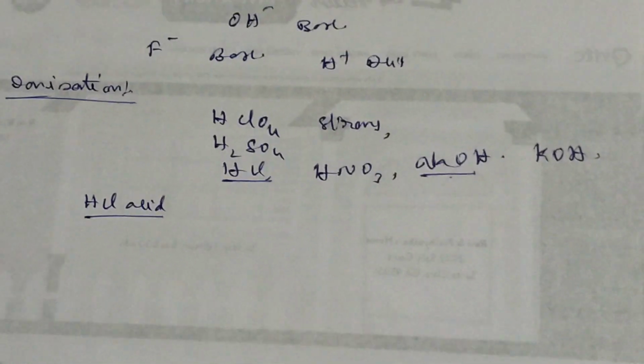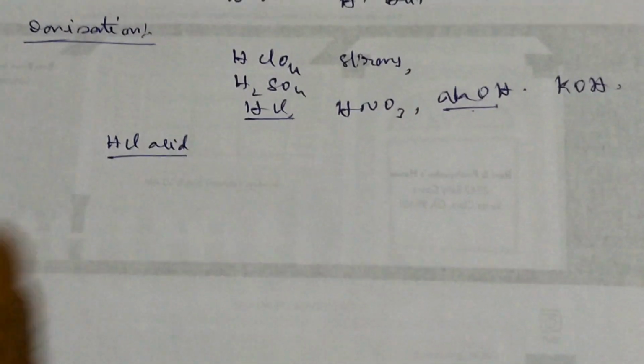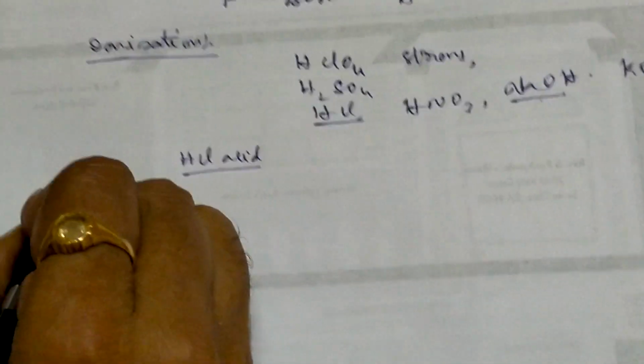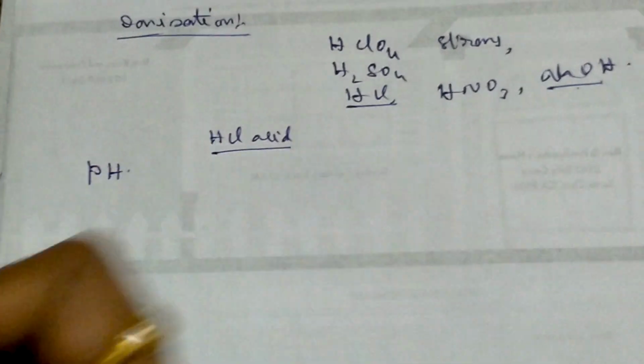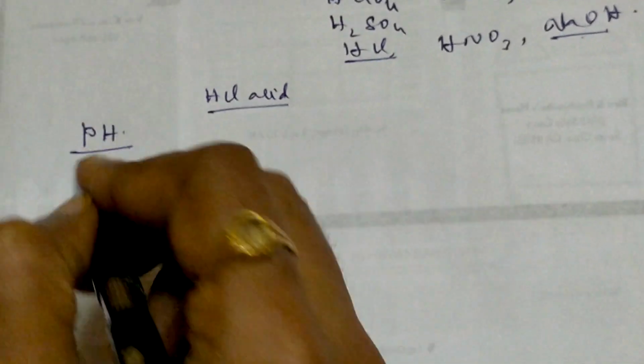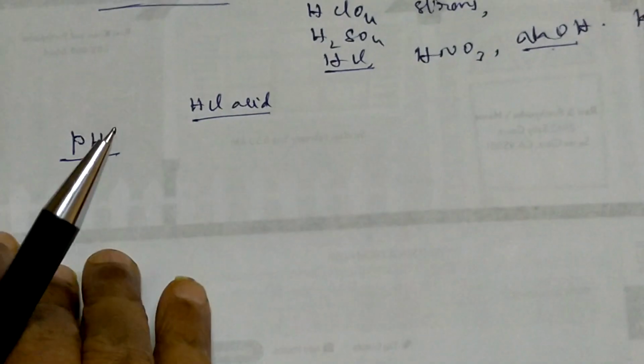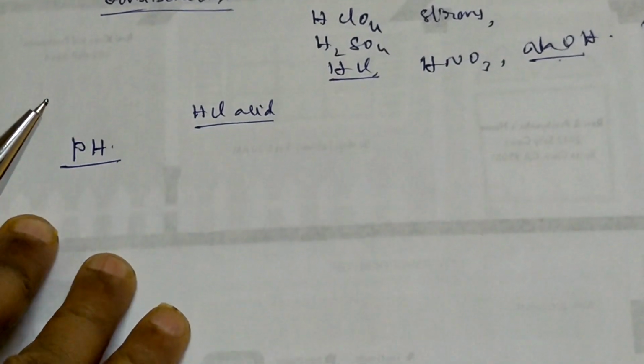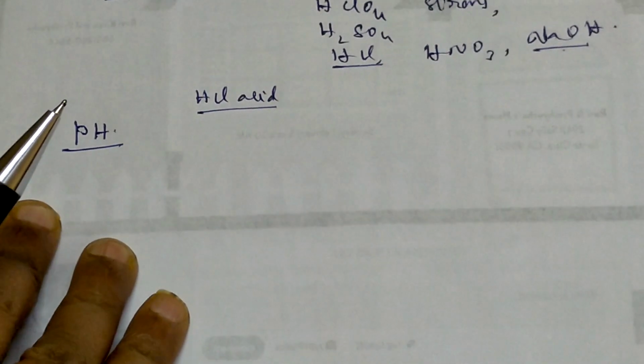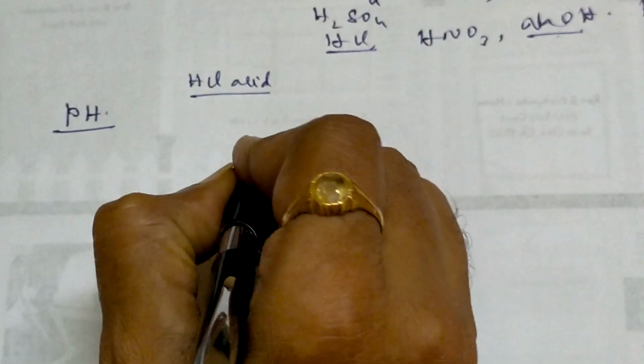Then comes the pH scale, normally used for representing acidity and basicity. What is this pH? It is the hydrogen ion concentration, the potential of hydrogen. How has it come about?